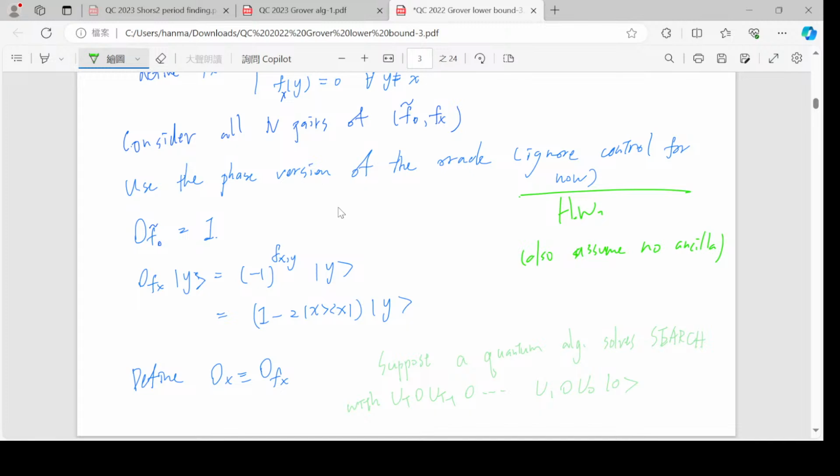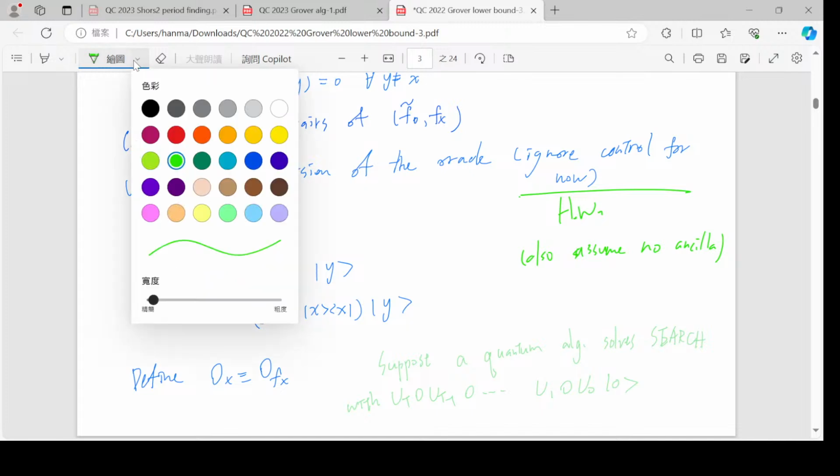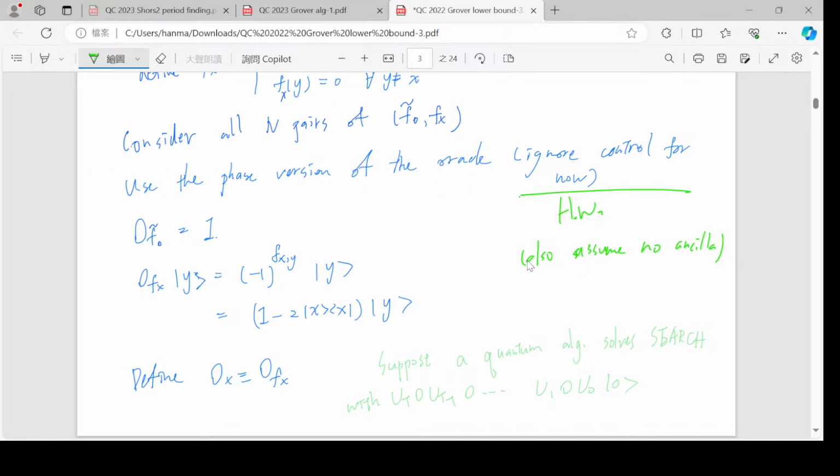So we restrict the algorithm a little, but it can be easily extended to these two cases.